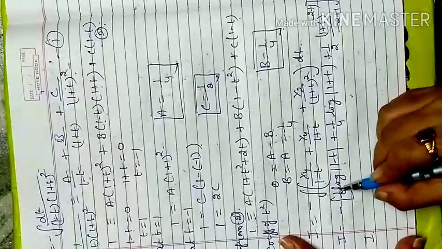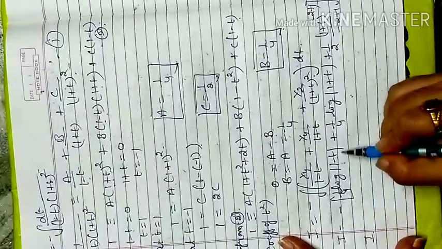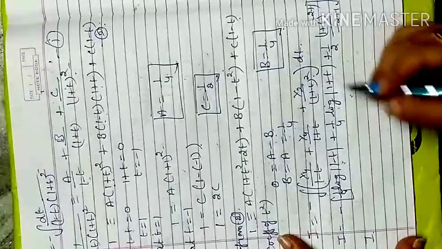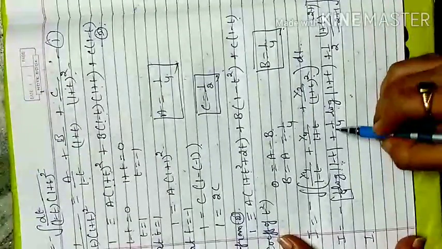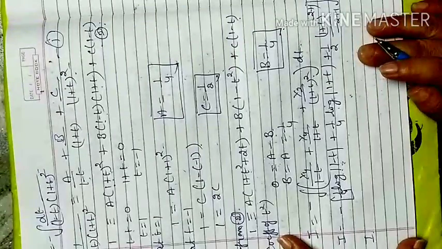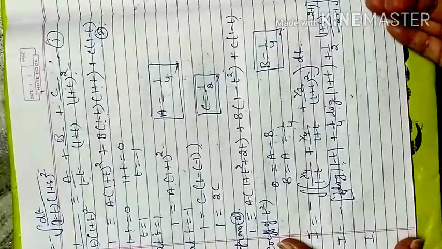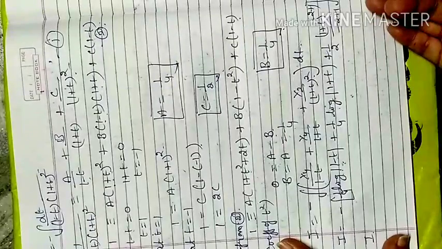So here if I take 1/4 common, log m plus log n, so that changes to another form, or if I want to keep it as it is, I can keep this one as it is.